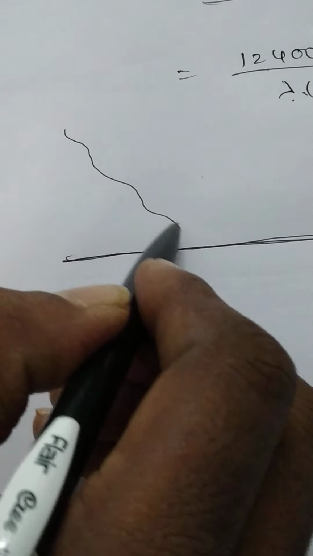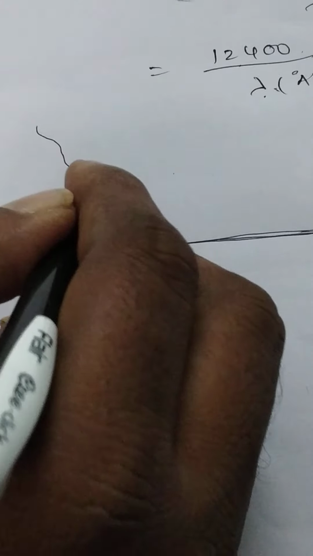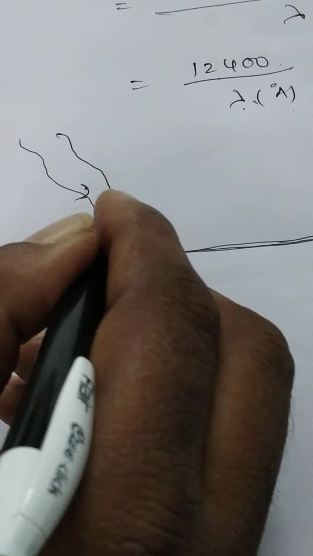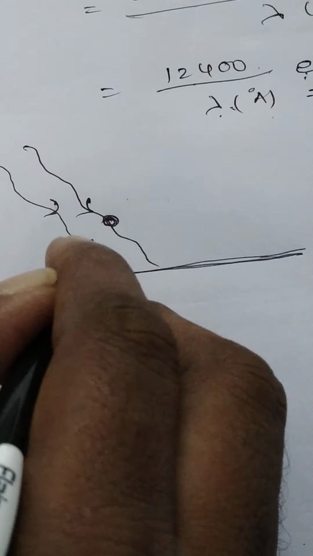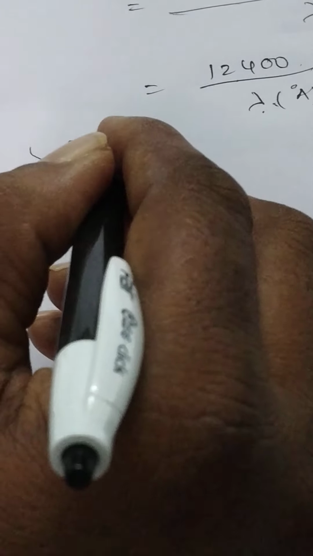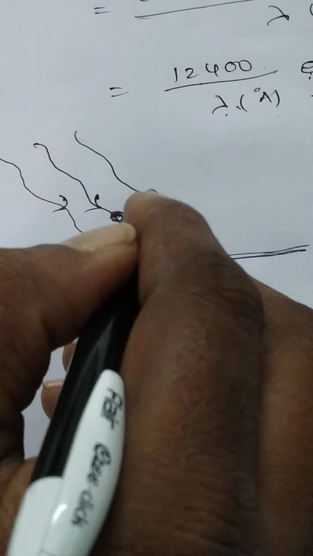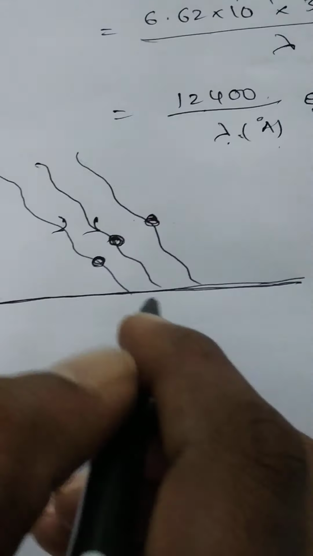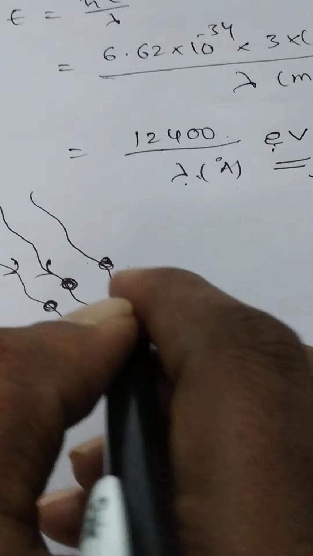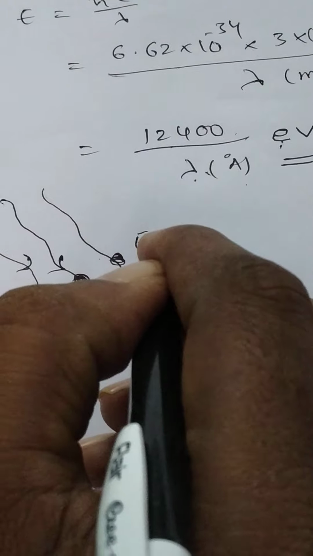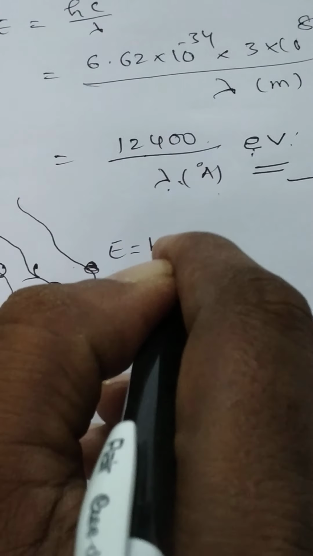When a beam of light is made incident on the photometal, the light is incident in the form of photons. This is the first photon, this is the second photon, and this is the third photon. Suppose a beam of light is incident on the metallic surface, the energy of the incident photon is equal to h nu.